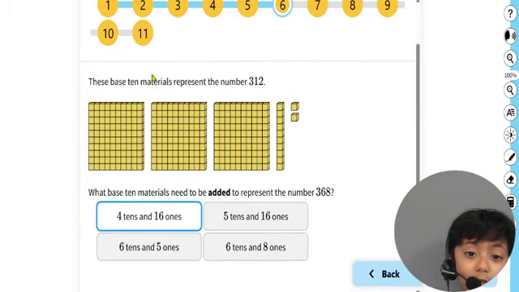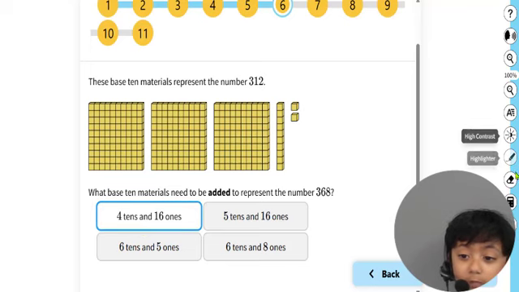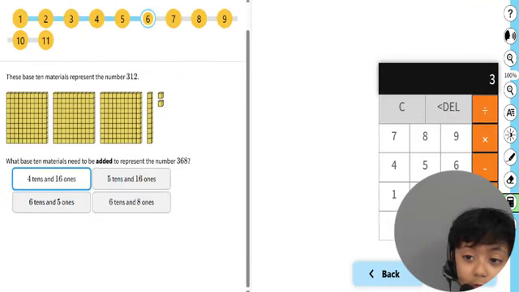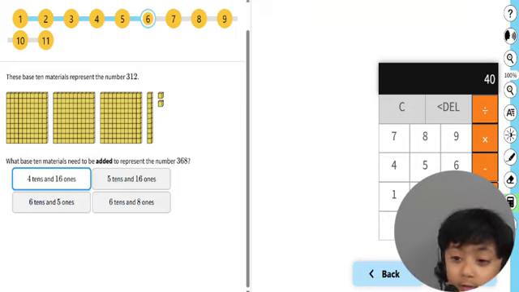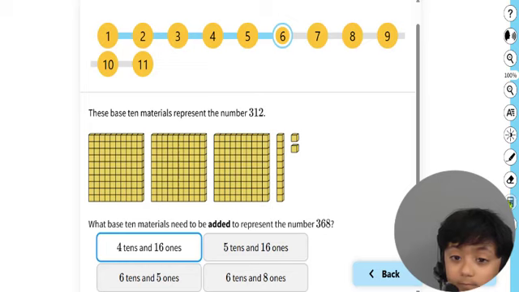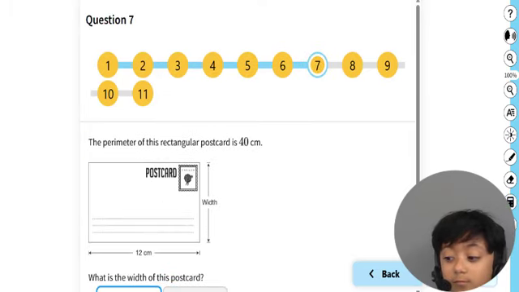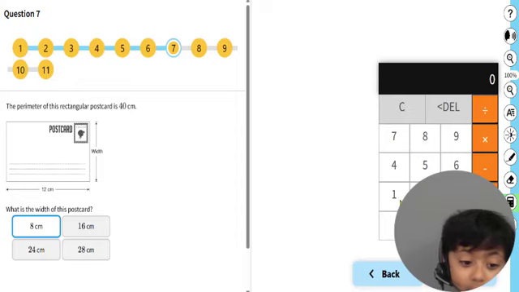We need to add 312 to this base 10 material. So we have 312, adding 40, which is 4 tens, and 16, which gives us a total of 368. Let's add all the widths, because we know these two are the same and these two are the same.